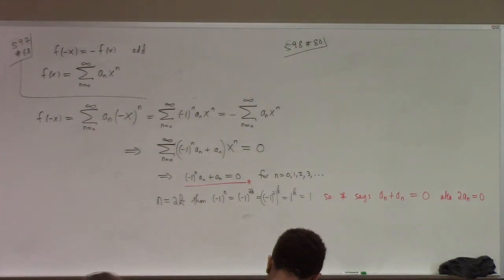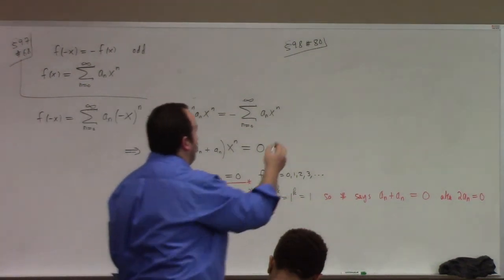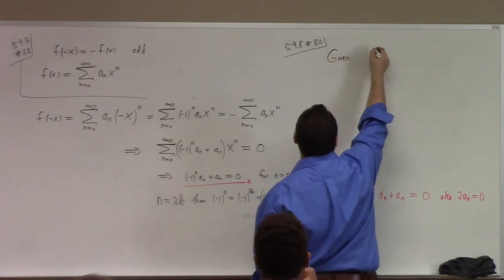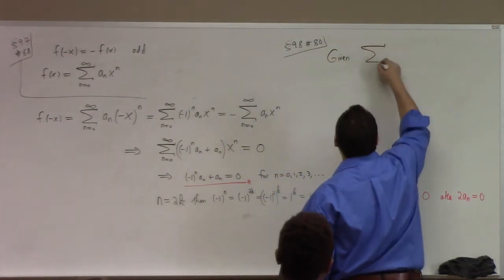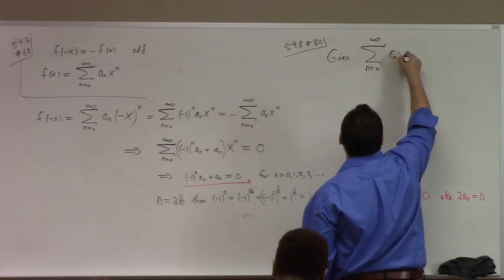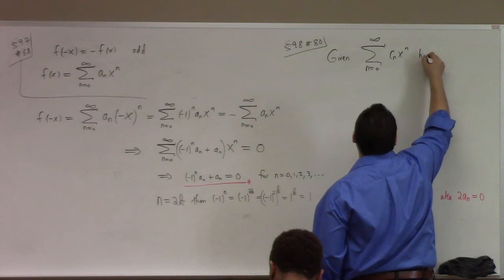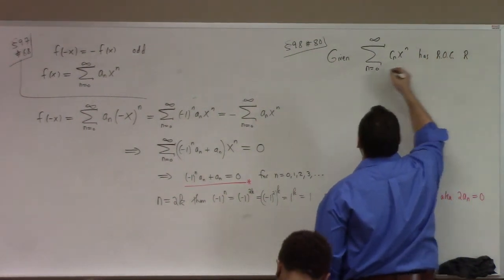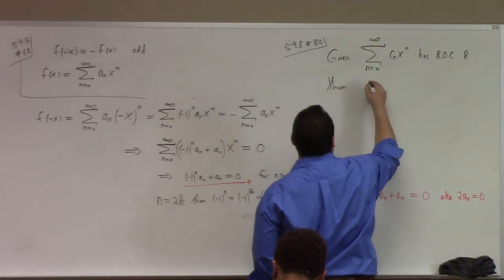This is almost not a proof. This is more of a problem in some sense. We're given, and I like this one a lot, it has often been a test question on my previous tests. If you're given that the sum from n equals 0 to infinity of Cn x to the n has radius of convergence r, then I'm going to restate the problem.